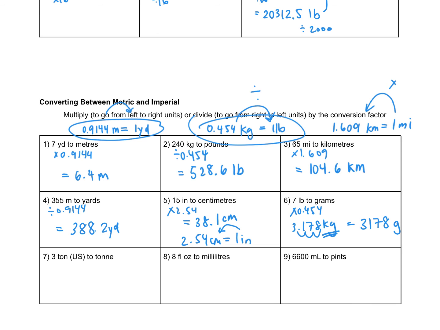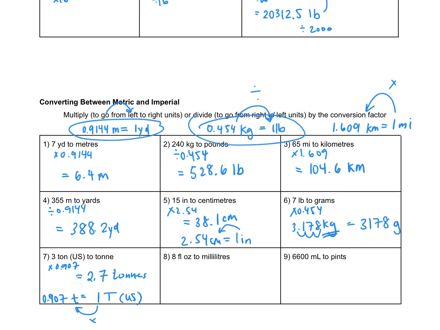Okay, so we have 3 US tons to another type of ton. Now we are told 0.907 tons equals 1 US ton. And we have 3 US tons. So, because we're going in this direction, we will multiply to get approximately 2.7 tons.